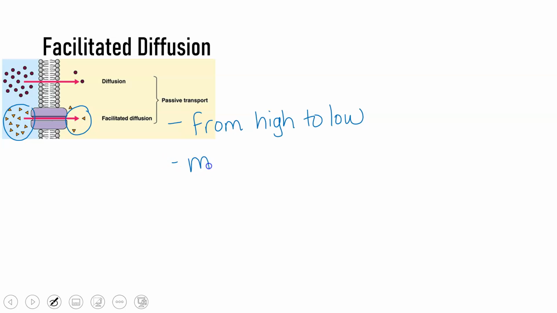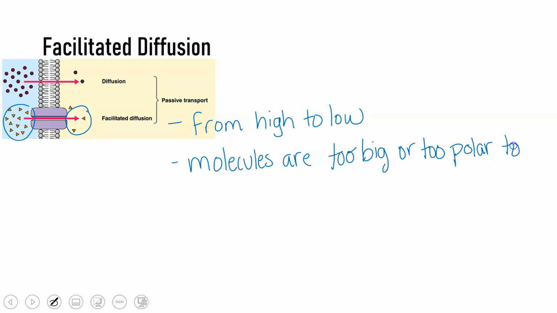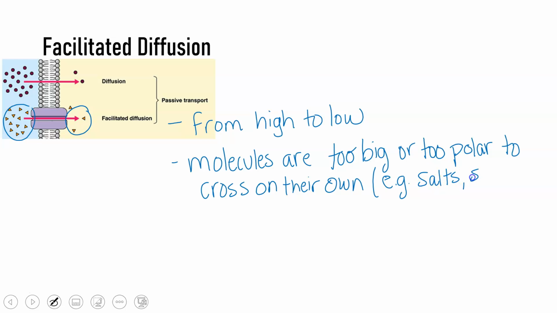But the molecules can't go through on their own, and this is because they are too big or too polar to get through the membrane alone. Examples of these are things like salts and sugars. Those are too big in the case of sugar and too polar in the case of salt to get through. And so normally they would be blocked by the membrane.